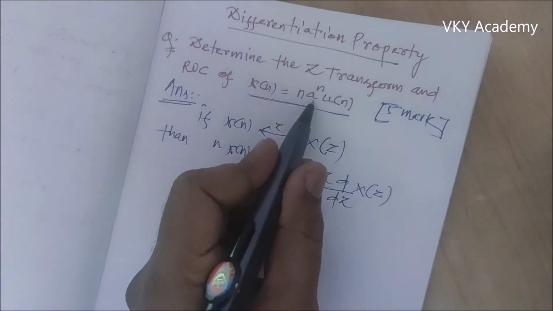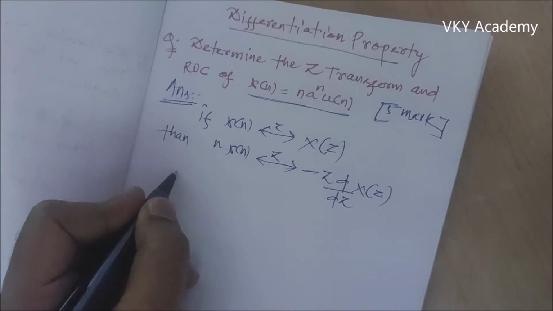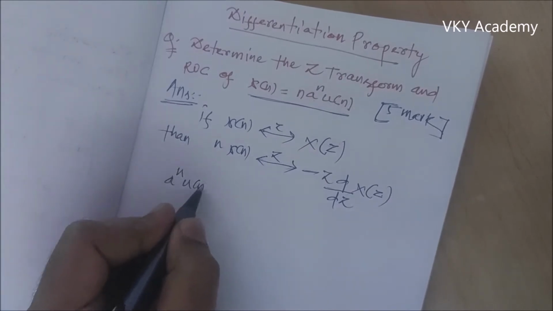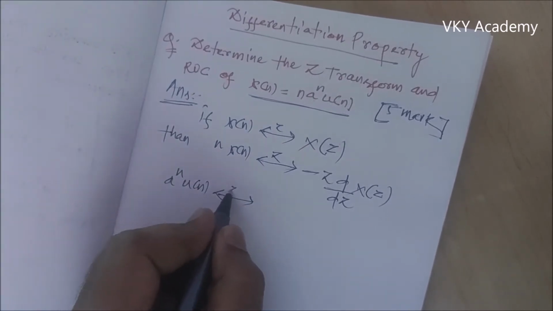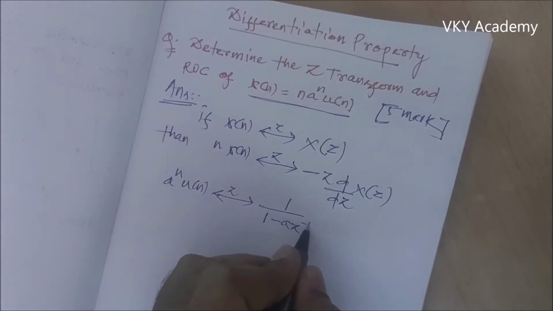Here our base function is a to the power n u of n. As we know, a to the power n u of n has a Z transform equal to 1 by 1 minus a z inverse.